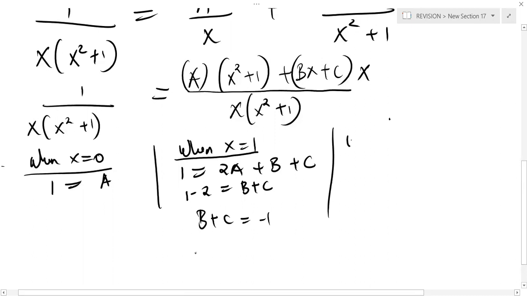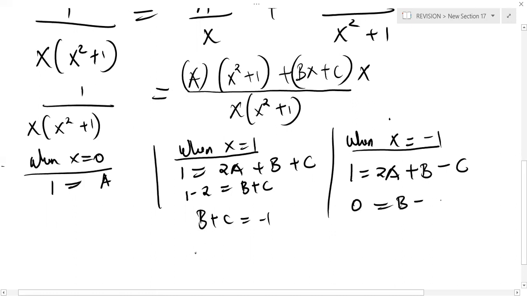Then taking another random value of x, let's say x equal to minus 1. So we'll have 1 is equal to 2A, minus 1 times minus B plus C, which gives B minus C. But you already know the value of A is 1, so replacing 1 here, 1 minus 1 will be 0.